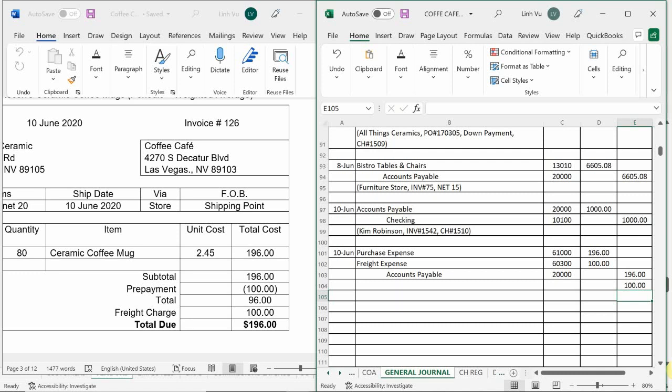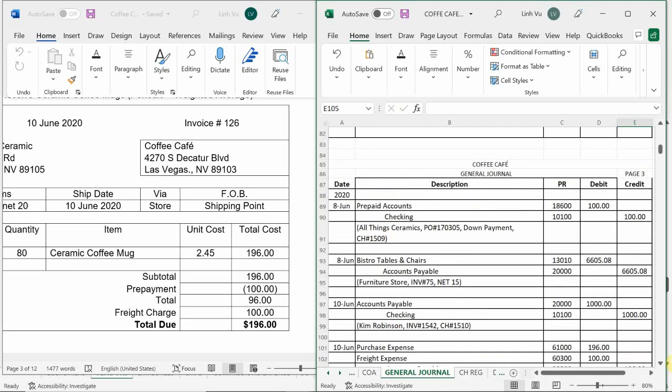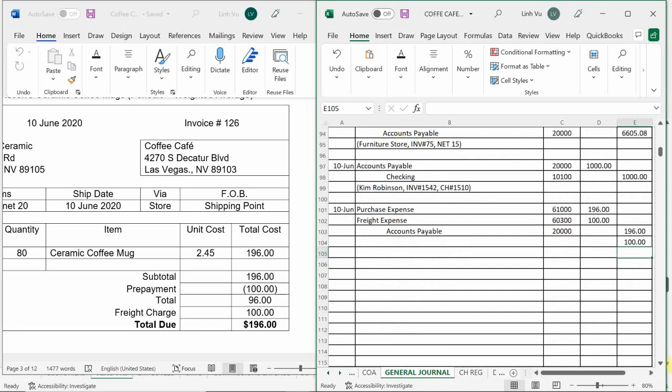I paid them in advance. The prepaid account. We paid them, they gave us a voucher, and now we took that voucher and applied it to this invoice.